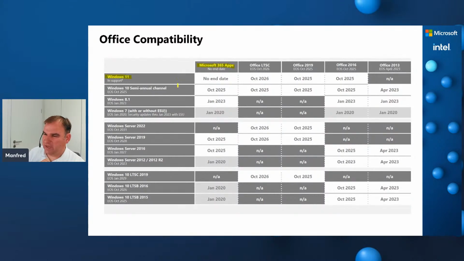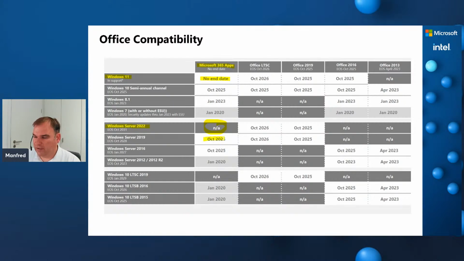So because Windows 11 is fully supported and there's actually no end date communicated for the support of the Microsoft 365 apps. So it's a great alternate option to the traditional remote desktop services on premises where we must use Windows Server as a platform, where we have the situation that the Microsoft 365 apps are actually not supported in this combination.